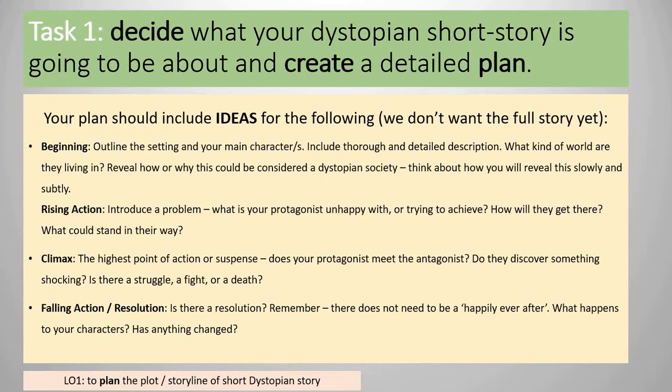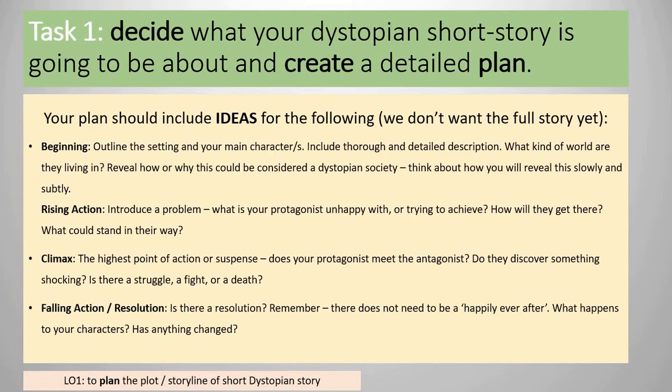So you're going to have a beginning, obviously, and that's going to be where you outline your setting and your main character. Try and include thorough and detailed descriptions of both of those things. Consider what kind of world you are living in. Reveal how or why this could be considered a dystopian society. So you obviously won't say this is a dystopian society because, but you'd want to give definite hints at what's going on so the reader can really tell that this is a dystopian society.